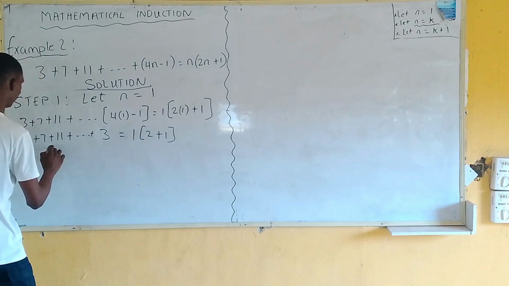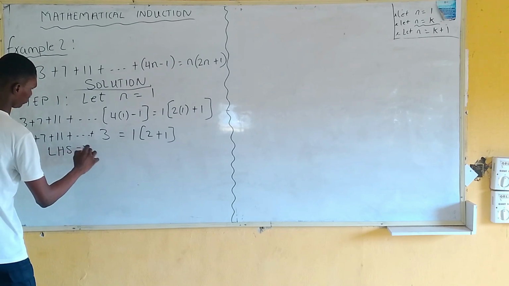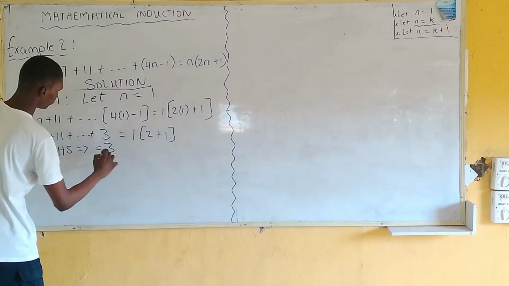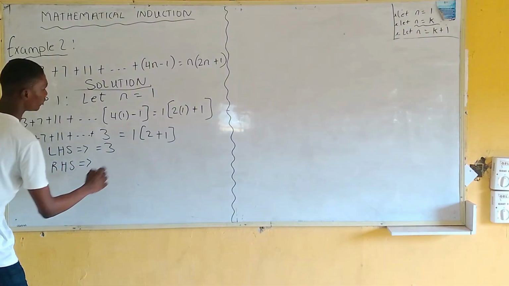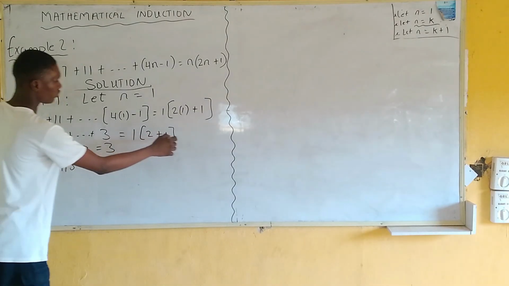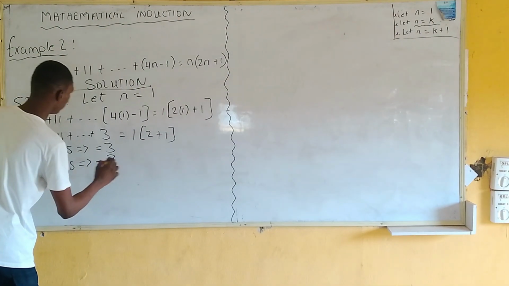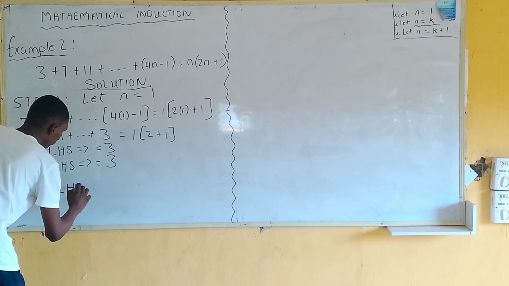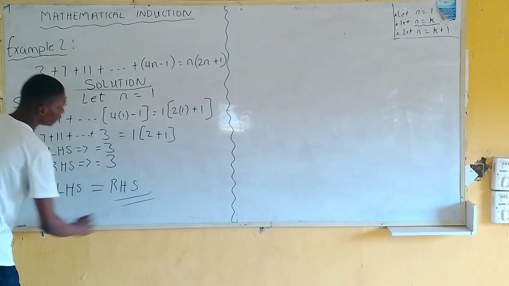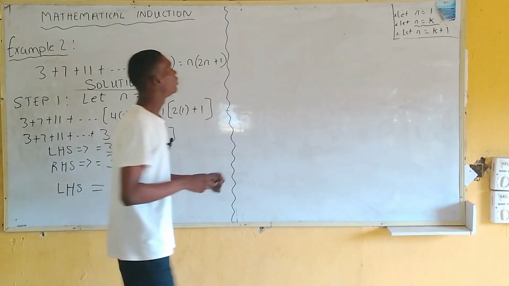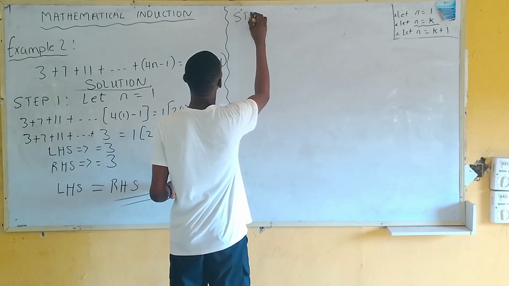The left hand side is equal to 3. The right hand side, 1(2 plus 1), is 3. So we know that our left hand side is equal to the right hand side. Therefore, we can move on to step 2.